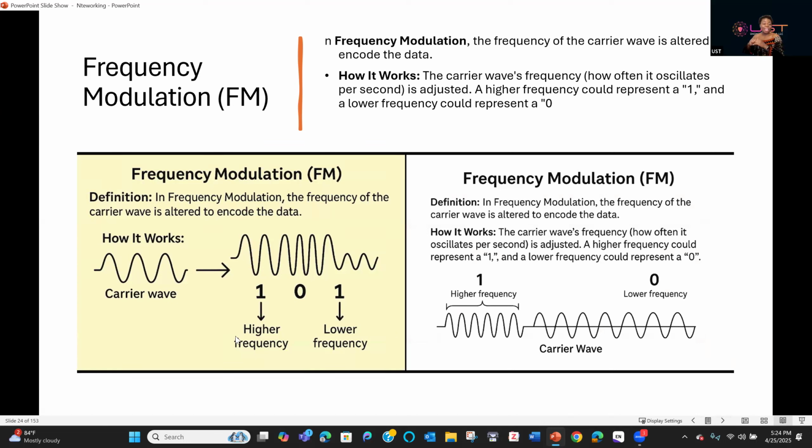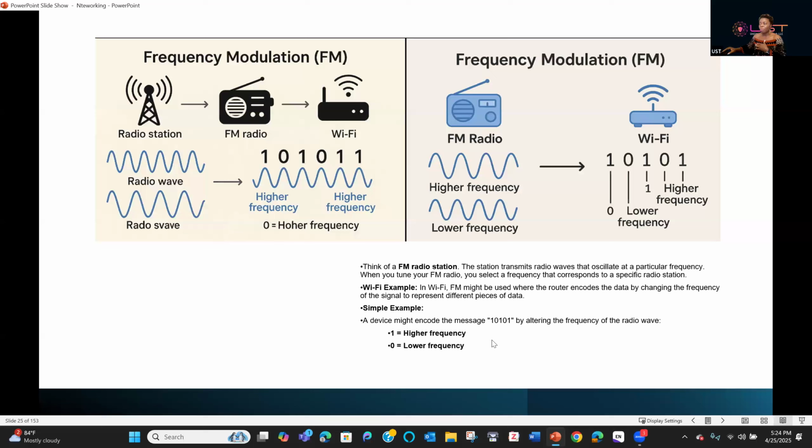Let's talk about FM, frequency modulation. The frequency of the carrier wave is altered to encode the data. But how does it work? The carrier wave's frequency is how often it oscillates per second. If you look right here, you will see something higher.